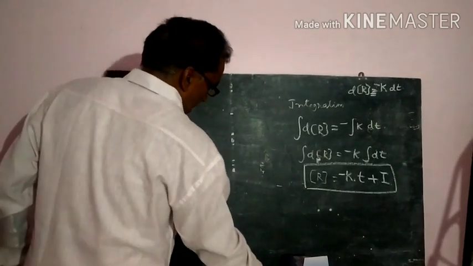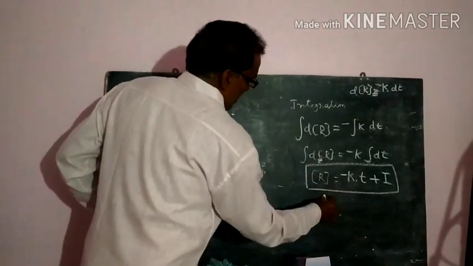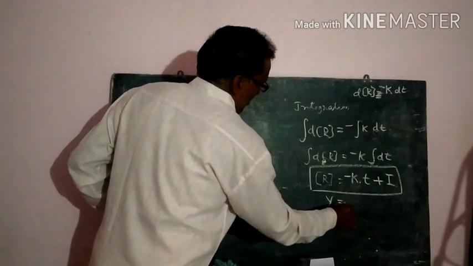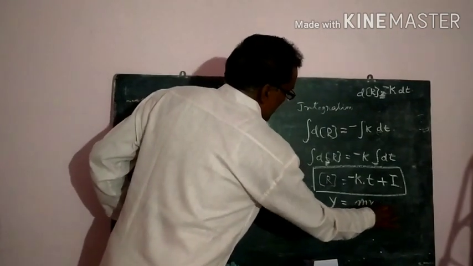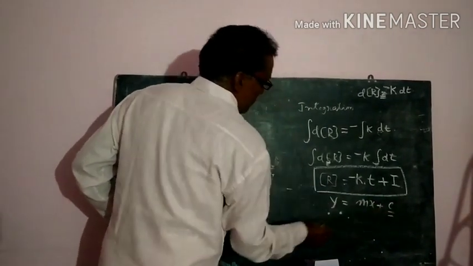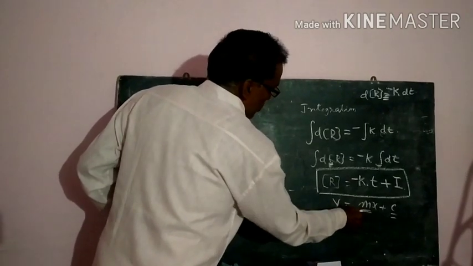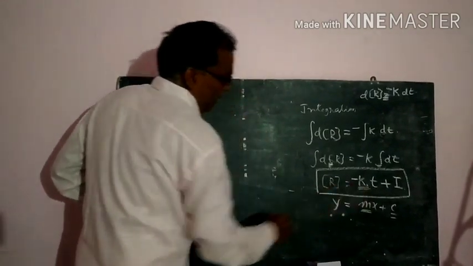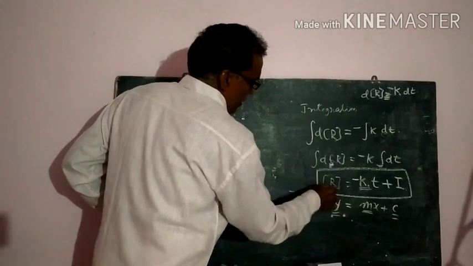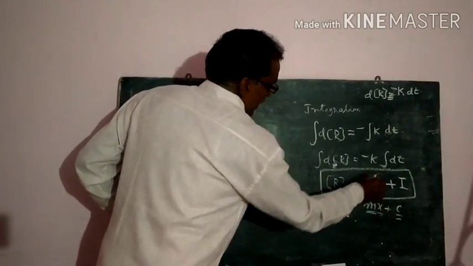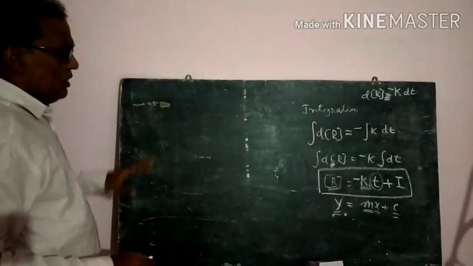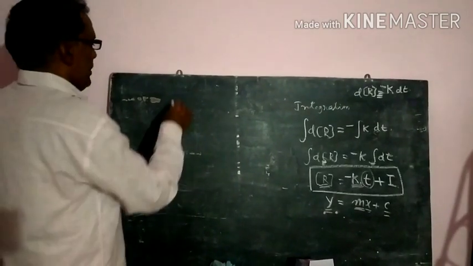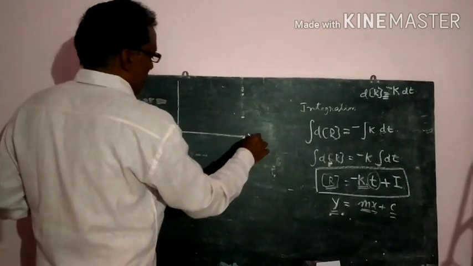So, this is the equation we got after integrating. So, these values we have to compare now to calculate the K value or I value. We will compare the same equation in the form of y is equal to mx plus c. C is the constant, and m is the slope, which is equal to minus k, and the y value is the concentration, the x value we have to take as the t. Suppose you draw a graph between the x values and y values.